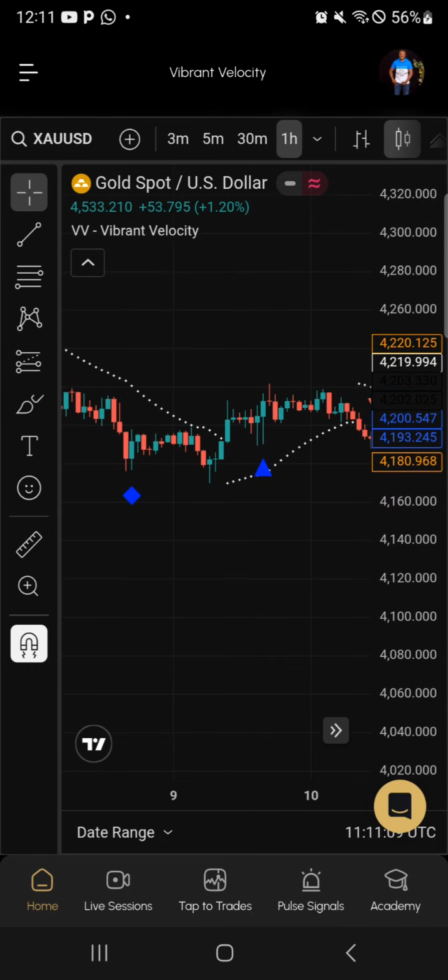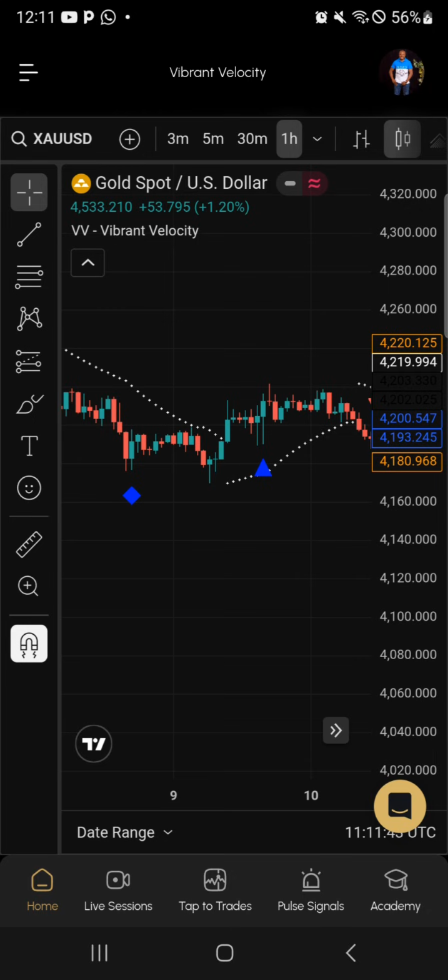The blue diamond is used to indicate strong support, while the white dots and the blue triangle are signals for entry. The blue diamond is for support, the white dots are a signal, and the blue triangle is also a signal. Anytime you see any of these, then it's time to buy.